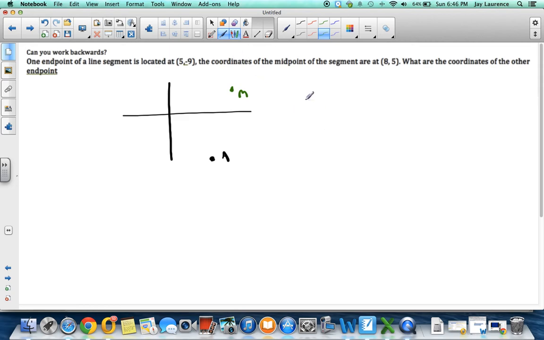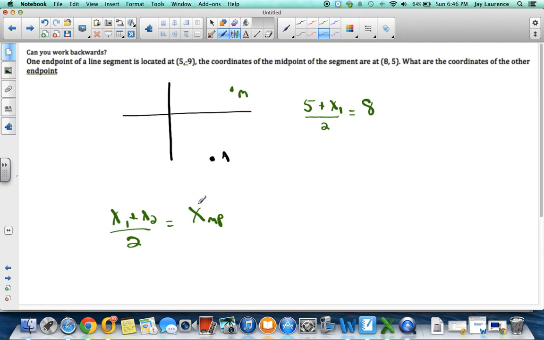I know that to get a midpoint, I have to take 5 plus the other x divided by 2. And that's going to have to equal the x-coordinate of the midpoint. Well, in this case, that's 8. Hey, look at that. All I did was take x1 plus x2 divided by 2, and that equals the x-coordinate of the midpoint.